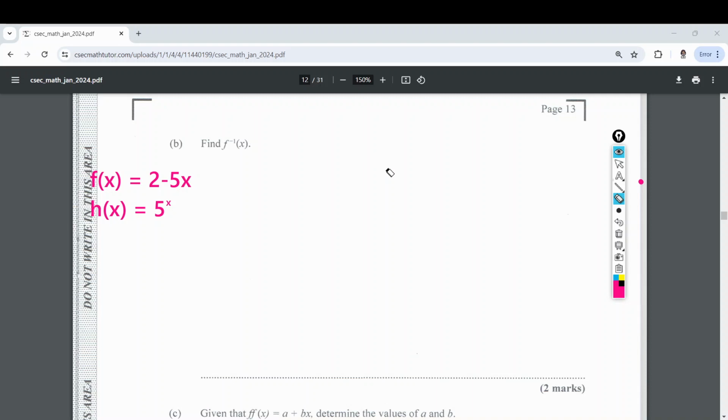So guys, there are 3 steps in finding the inverse. Step 1, let y be equal to 2 minus 5x, right? So that's the first thing. Then step 2, make x the subject.